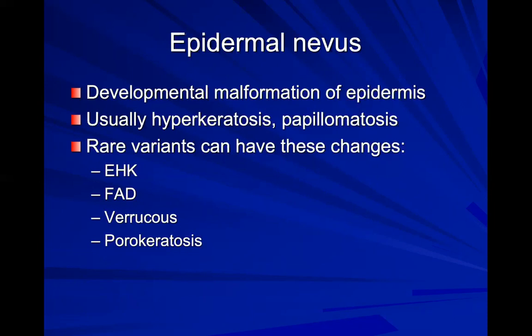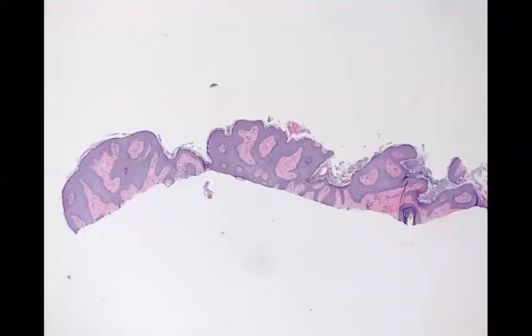Some variants can have these disorders of maturation, epidermal maturation, such as epidermolytic hyperkeratosis, acantholytic dyskeratosis. You can have verrucous changes. You can have porokeratosis, cornoid lamella basically growing in these. So this is a classic example of an epidermal nevus.